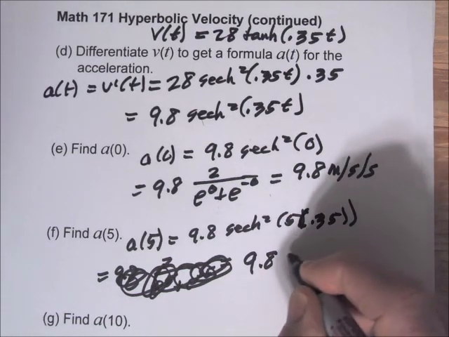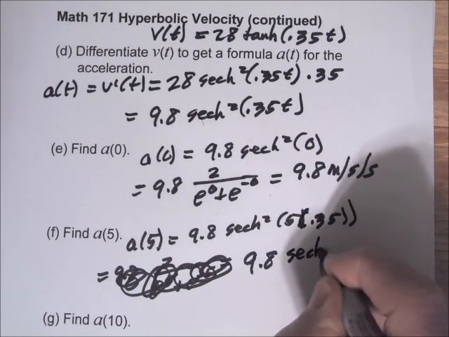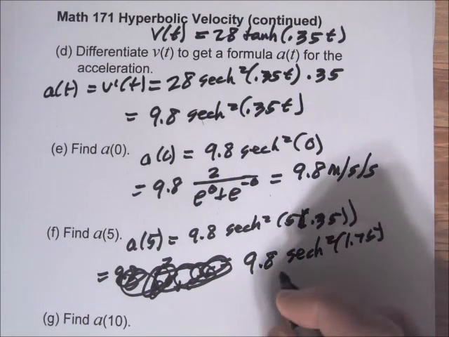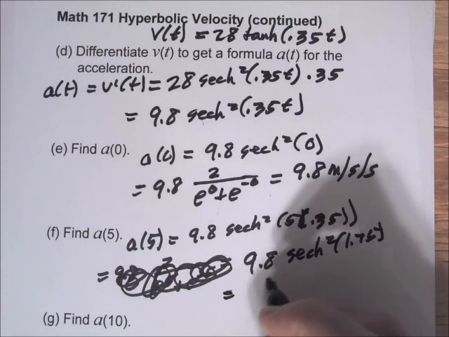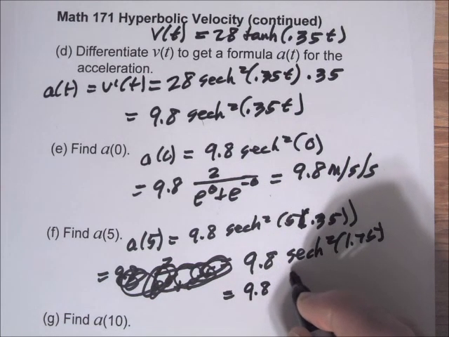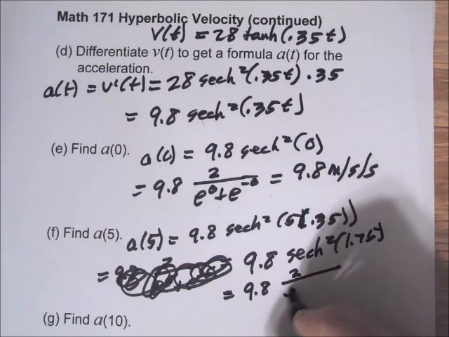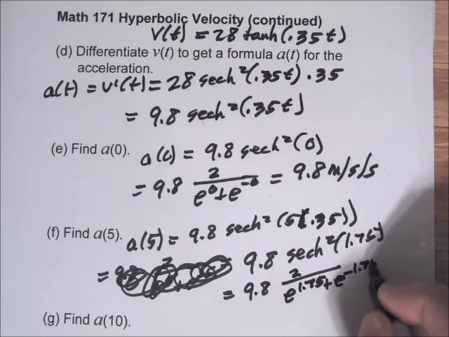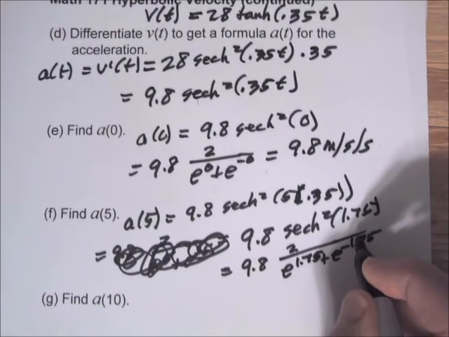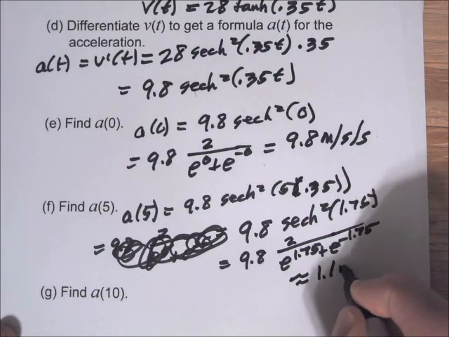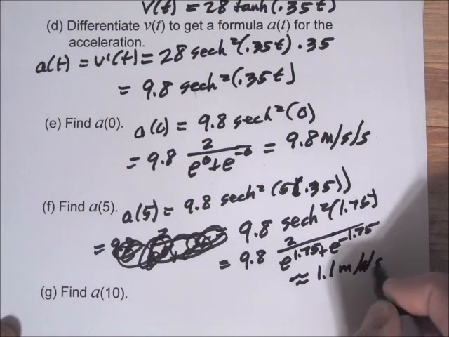So it's sech squared of 1.75, and it's 9.8 times 2 over e to the 1.75 plus e to the minus 1.75, squared. And again, you can put this in the calculator. It comes out approximately 1.1 meters per second squared.